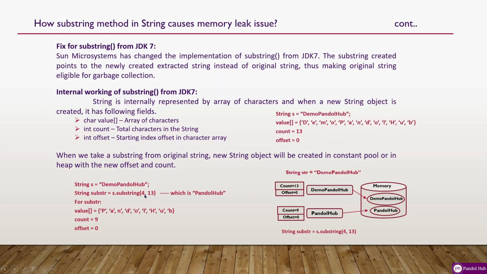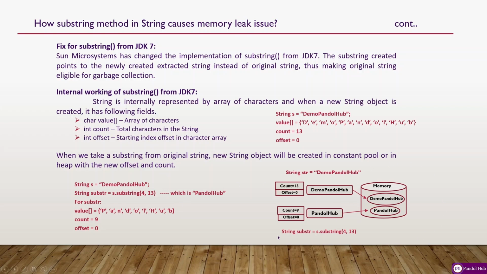That is, if I need a substring from 4 till 13, only the characters pertaining to that range will be present in the character array. Previously all the characters of the source string were available in the substring's character array, but after the fix it is not so. So the offset will be 0 and the count will be 9, the number of characters available in the substring.